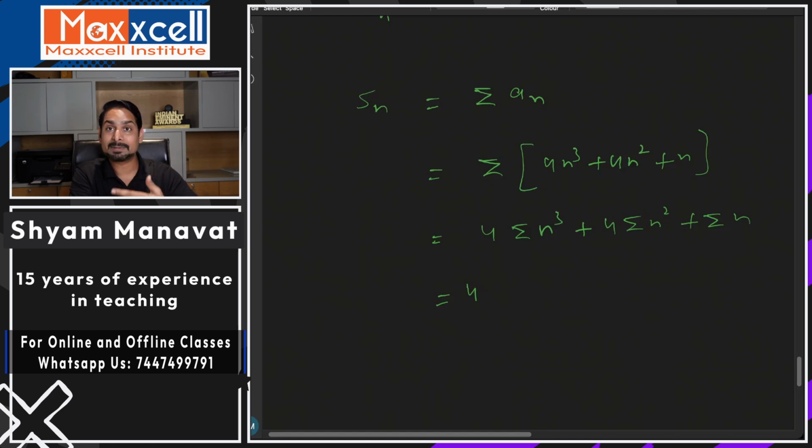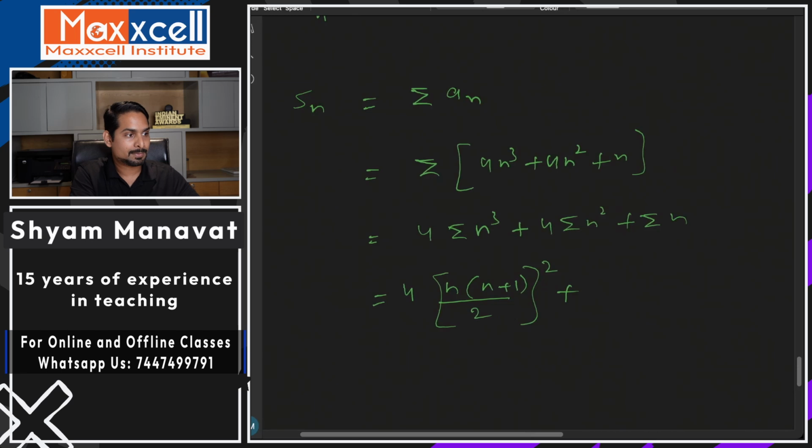Speak even if you're sitting alone and studying. Speak up, don't just keep it in mind. What is summation of n cube? Say that: n into n plus 1 by 2, whole square. This way, when you speak up, you will remember and your memory will last longer.